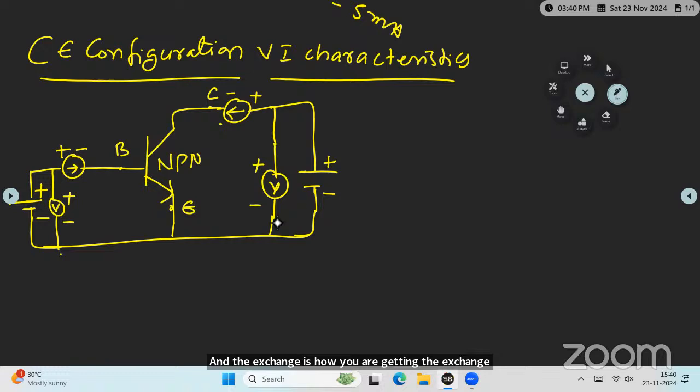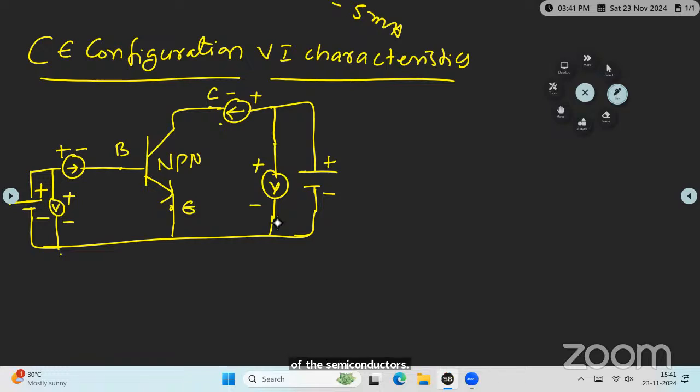By doing the doping. By doing the doping, we are getting the impure semiconductor, that is the extrinsic semiconductor, to increase the conductivity of the semiconductors. So what is the use of doping? To improve the conductivity of the semiconductors. That's why we are adding the doping.